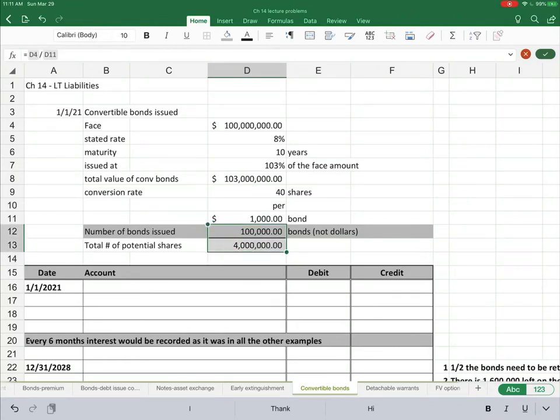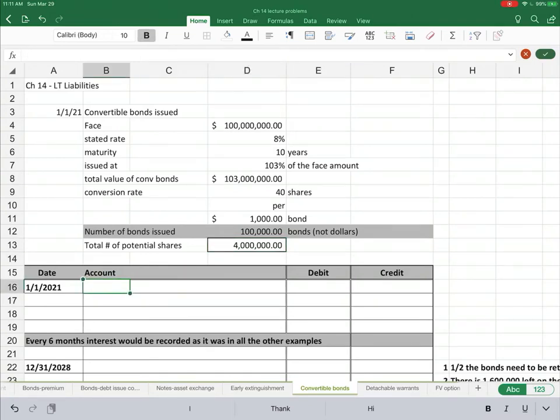So again, we're not necessarily going to use these figures in our journal entries, but just so we have an understanding of what physically is out in the investing market right now. Right now, there are 100,000 bonds out in the market, but there could potentially be 4 million shares if every one of those bondholders converts into common stock.